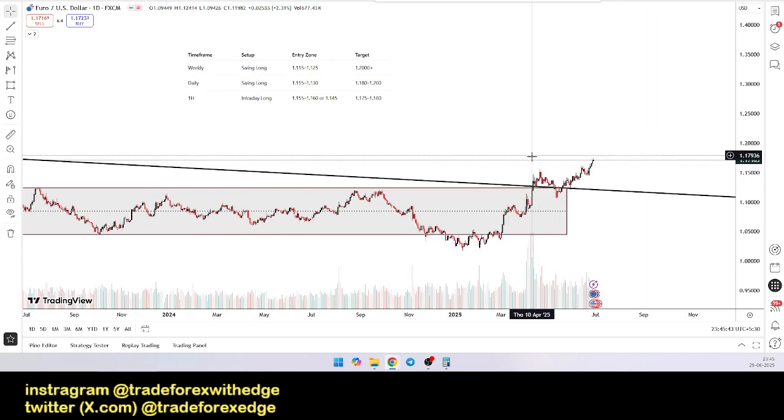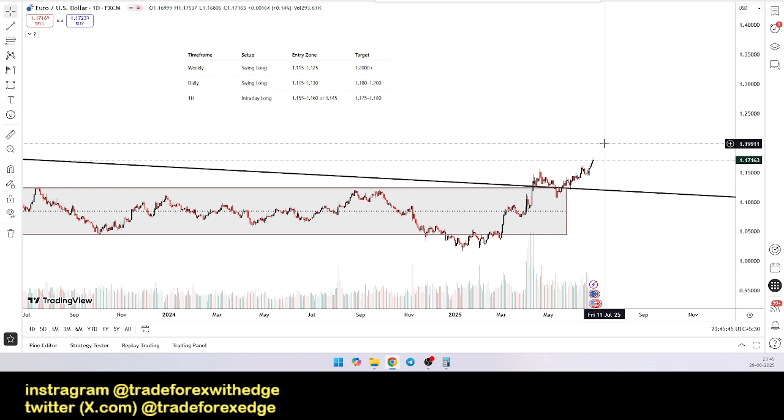So we have got a clean imbalance of fair value gaps below price, especially around 1.115 to 1.130. So around 1.130, around this level, to 1.115 around this level.